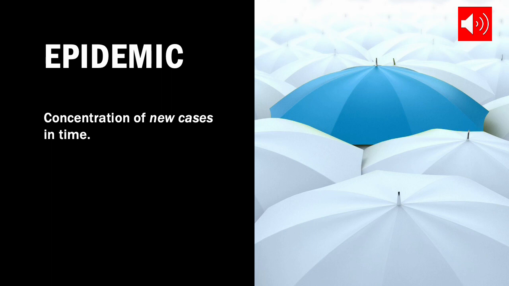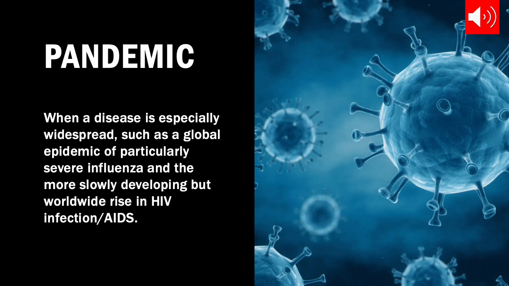An epidemic would be that there's been 4 new cases of HIV in this little town in the middle of nowhere where this wasn't the case before. A pandemic is when a disease is especially widespread, such as a global epidemic of particularly severe influenza and the more slowly developing but worldwide rise of HIV infection or AIDS.